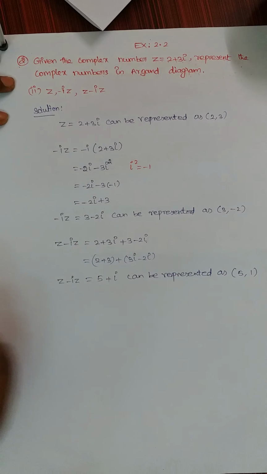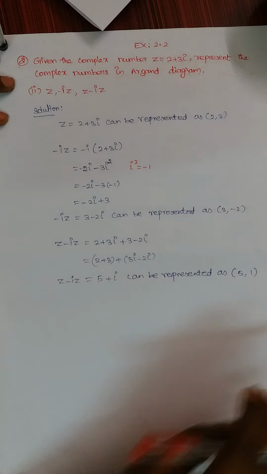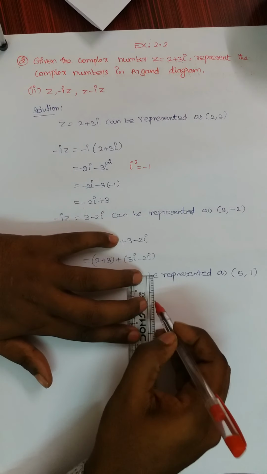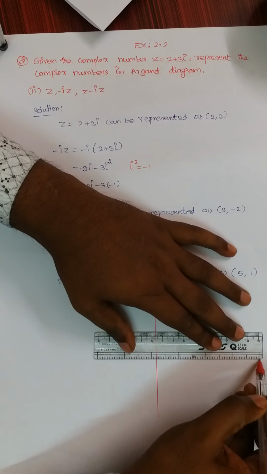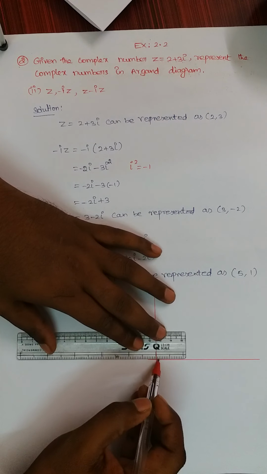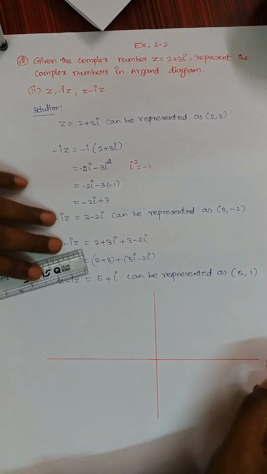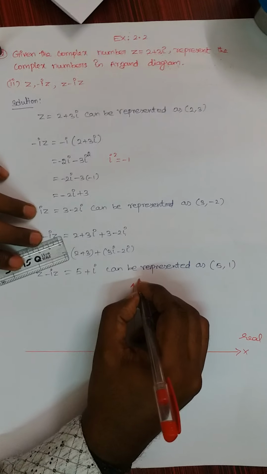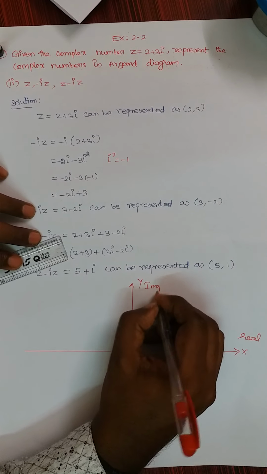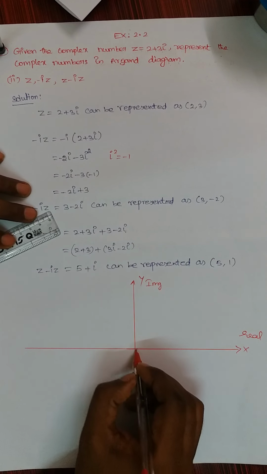So now I am going to draw the diagram. I am taking the x-axis as the real axis and the y-axis as the imaginary axis. So now this is 0.